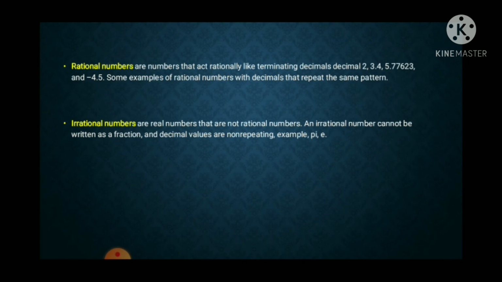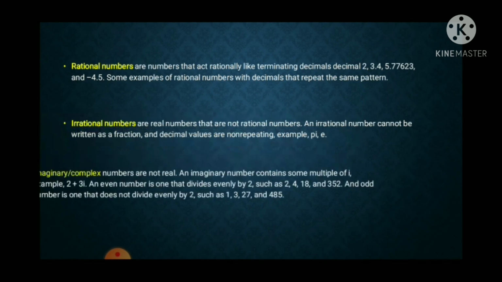And irrational numbers cannot be written as fraction. So, therefore, irrational numbers is dili siya pwede na isulat as a fraction. And decimal values are non-repeating. Example is pi, 3.14, then, I don't know, yeah. As we all know, pi is non-repeating decimal, right? That is an example of irrational numbers.